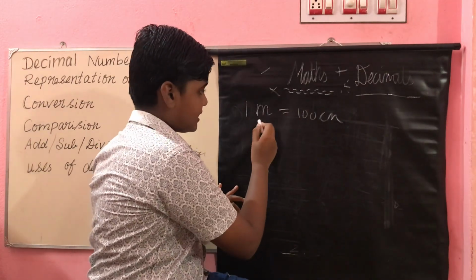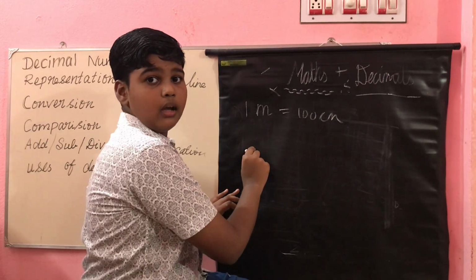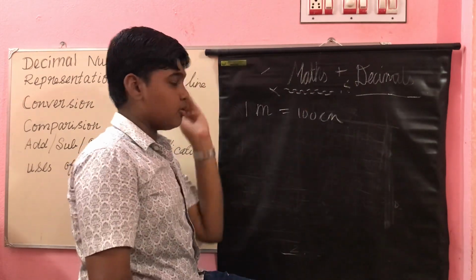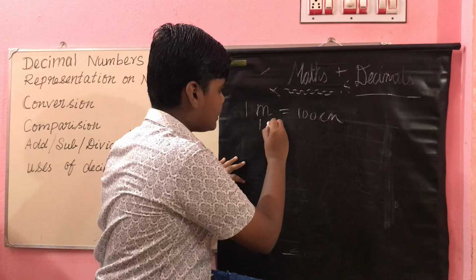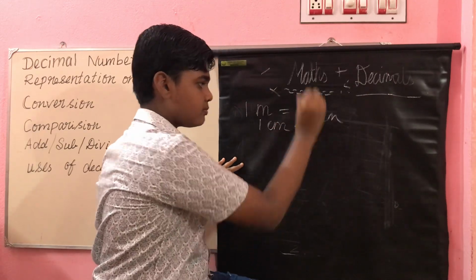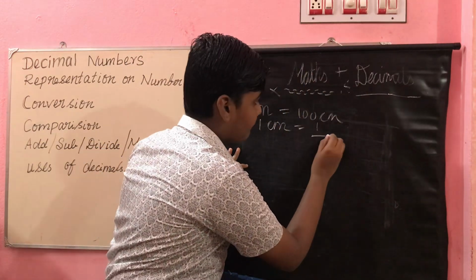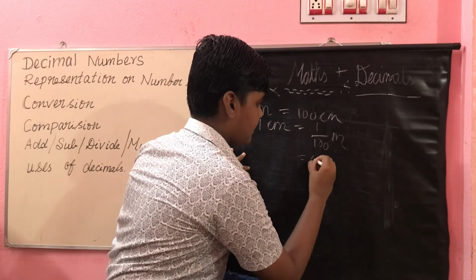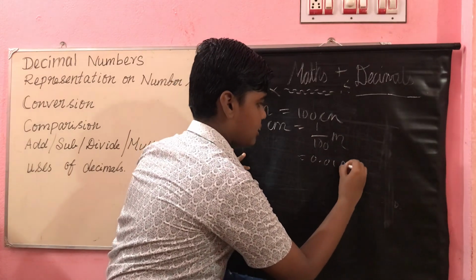So 100 centimeter is equal to 1 meter. So what's 1 centimeter equal to? So it is 1 by 100 meter. So the answer will be 0.01 meter.